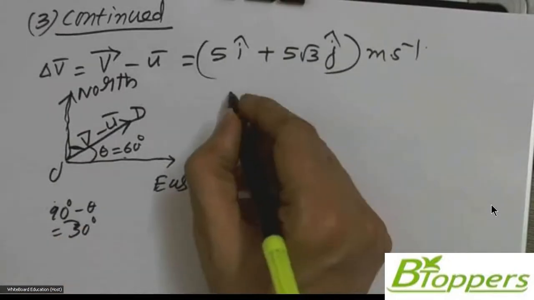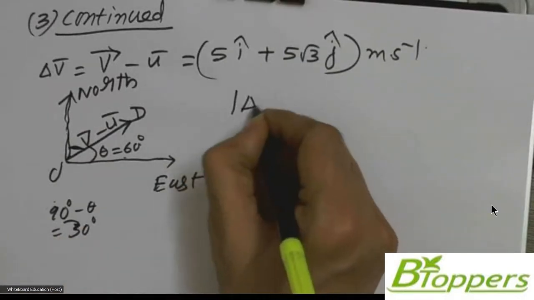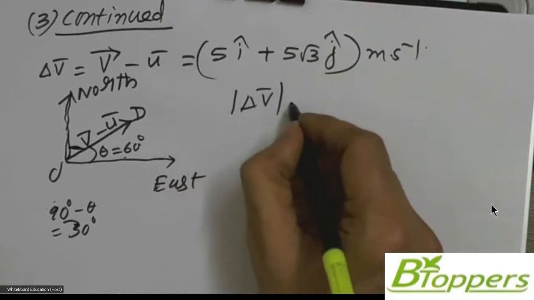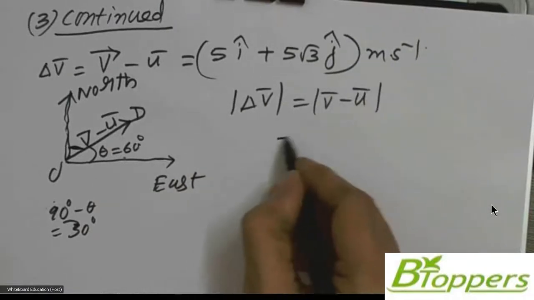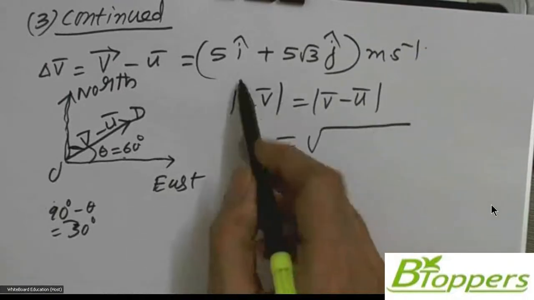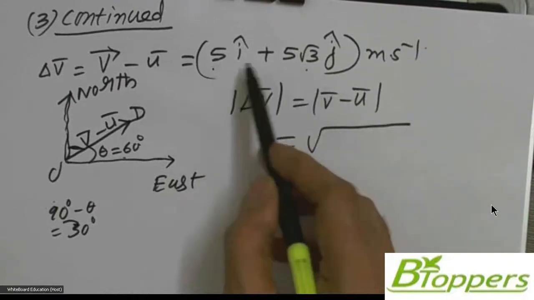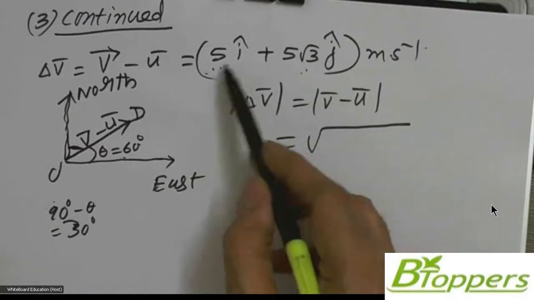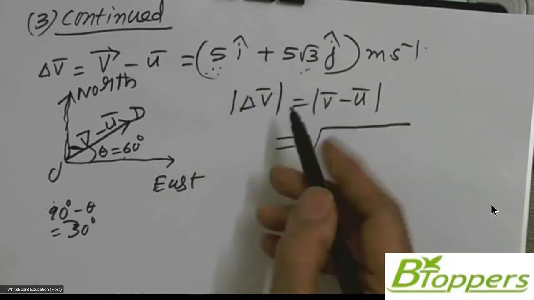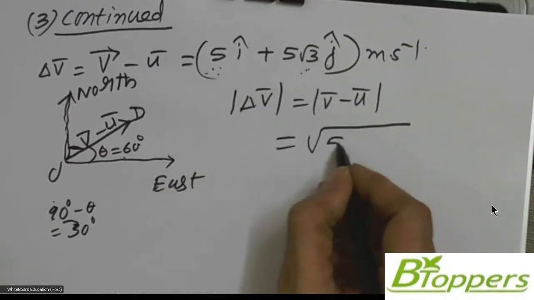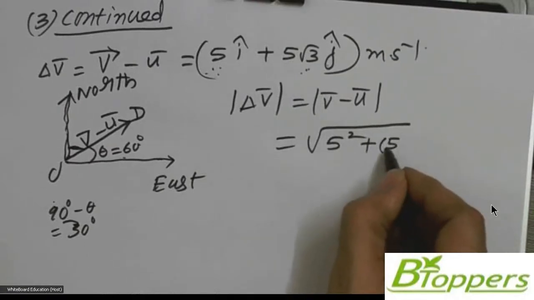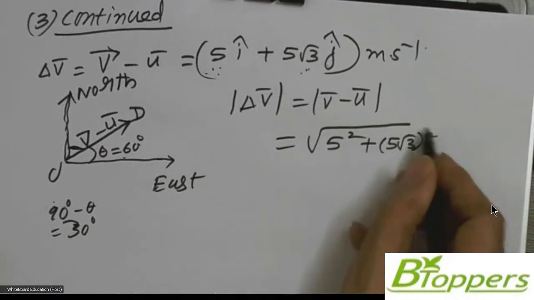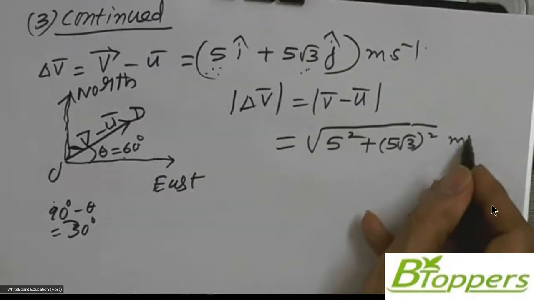So the magnitude of the change in velocity, or mod of delta v bar, or magnitude of v bar minus u bar, equal to root of sum of the squares of the magnitudes of its two rectangular components along x and y directions, that is under root 5 square plus 5 root 3 square meter per second.